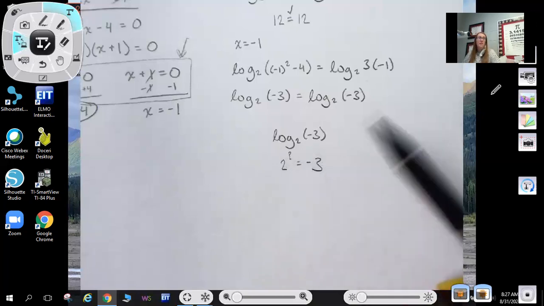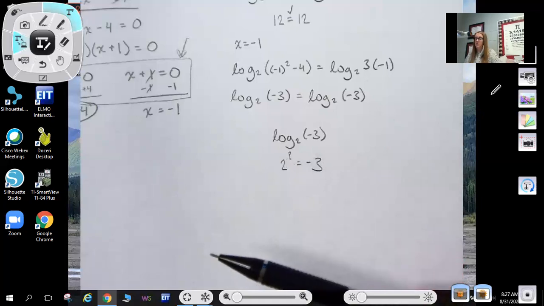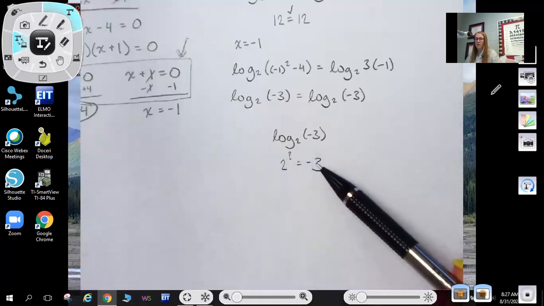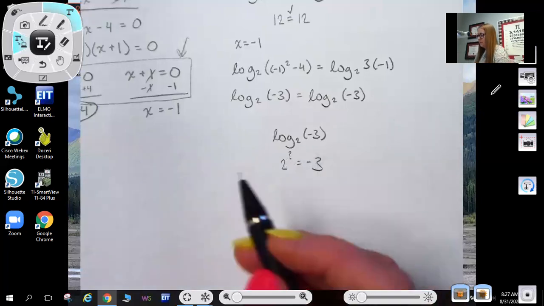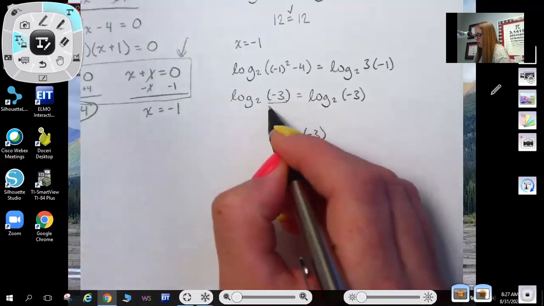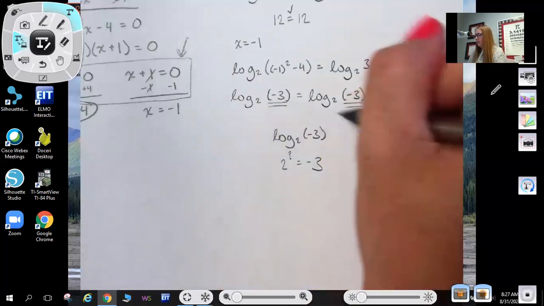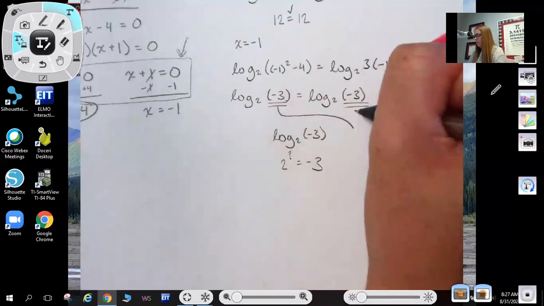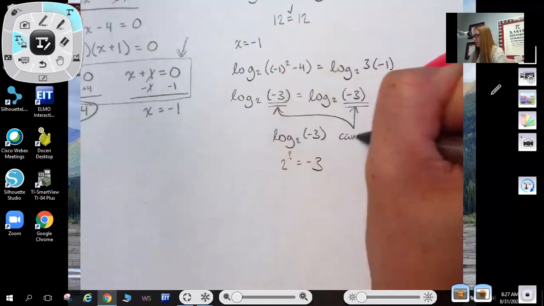If we use a negative exponent, that's just going to give us a fraction, but it'll still be positive. It will never turn out to be a negative number. So what that means is in a logarithm, in this spot right here, you cannot have a negative number. So make a note of that. These numbers cannot be negative.